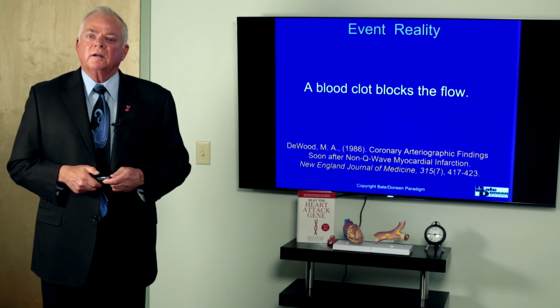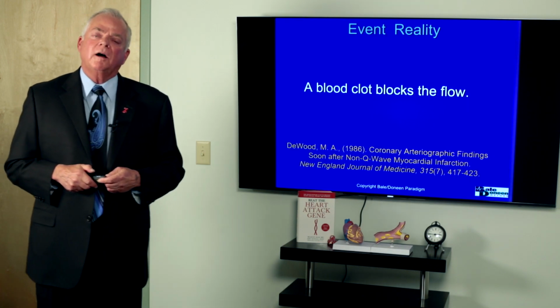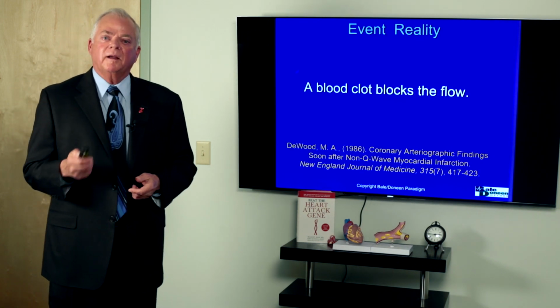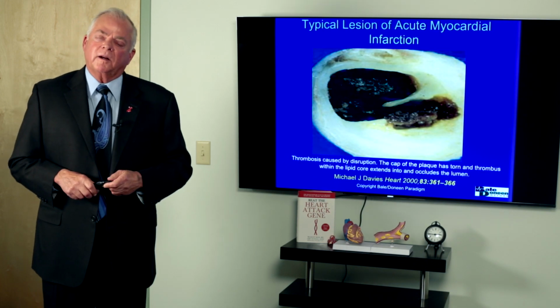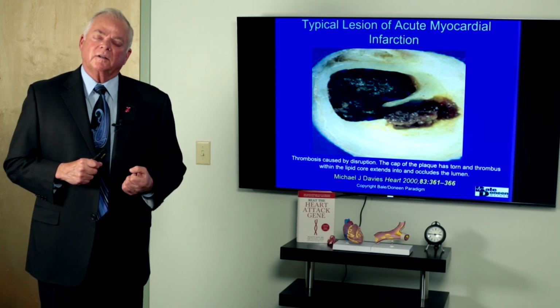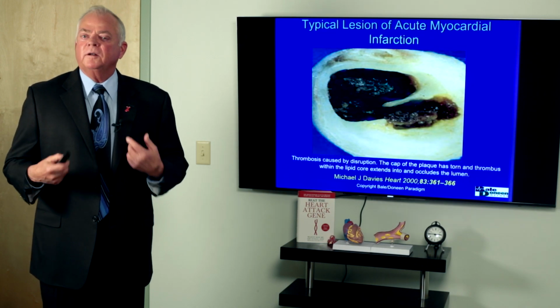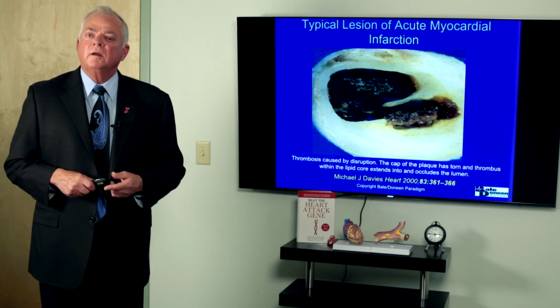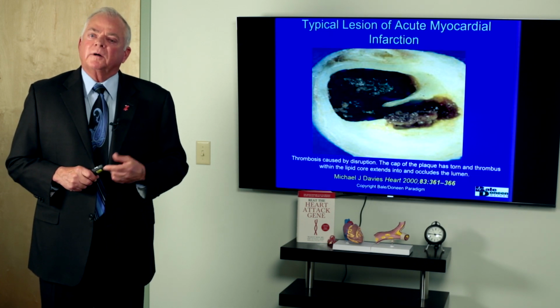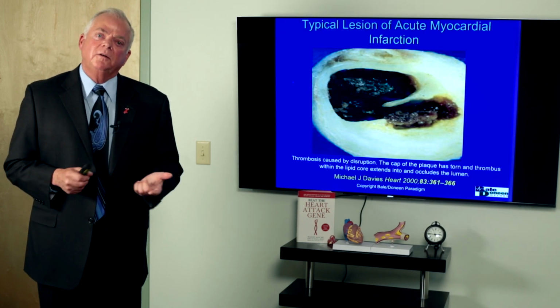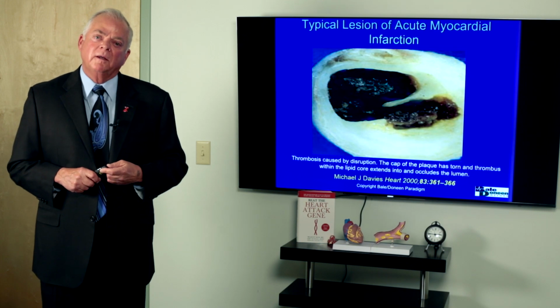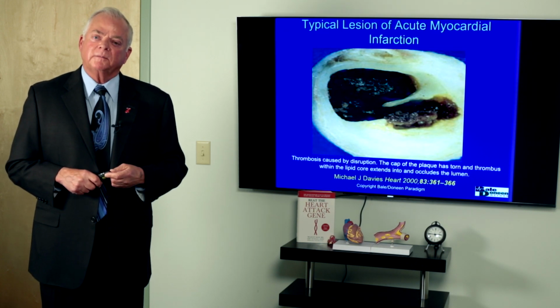So let's take a look at an autopsy image of a patient who died from a heart attack. What I want you to pay attention to is the lower right part of that artery is where the cholesterol buildup was. The upper left is the huge blood clot that formed that killed the person.